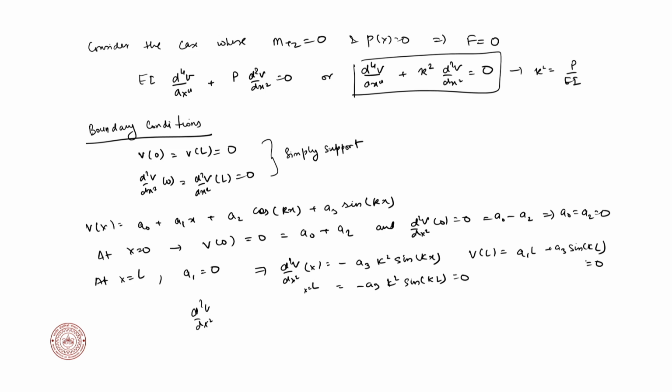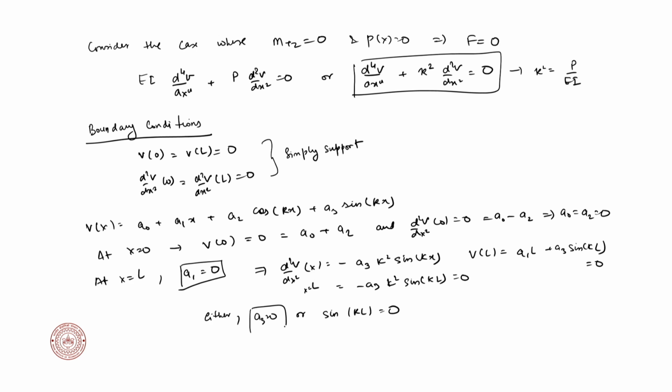To have both of them 0, first of all a1 needs to be 0 because a1 is multiplied with L. So, that is why a1 is 0. Then the next thing is either a3 is 0 or the sin kL term is 0, otherwise this equation cannot be 0. So, individual elements need to be 0. Therefore, either a3 equals 0 or sin of kL equals 0.